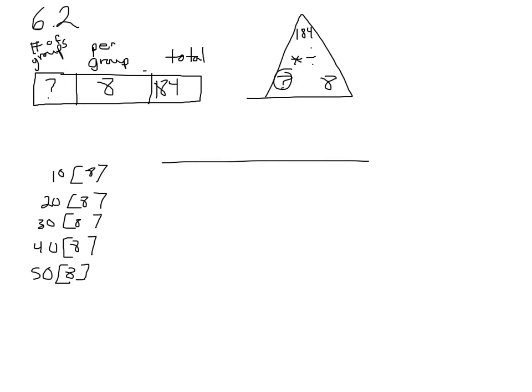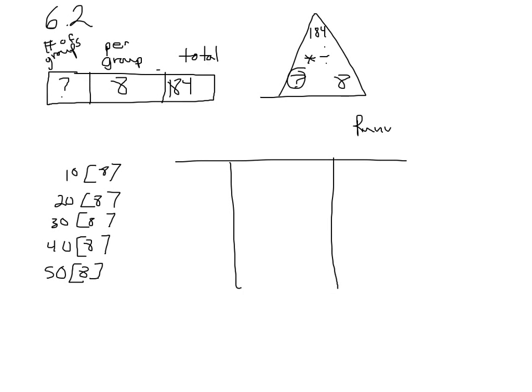All right. And then you're going to take this information and begin to use your chart. I like to call this my running total. Now that I have my groups, 10 groups of 8, 20 groups of 8, 30 groups of 8, 40 groups of 8, 50 groups of 8, that's going to be 80, 160, 240, 320, and 400.